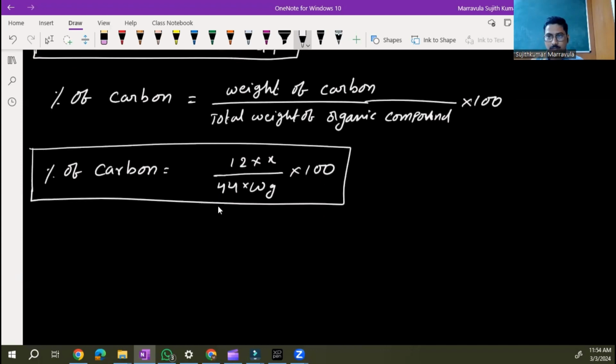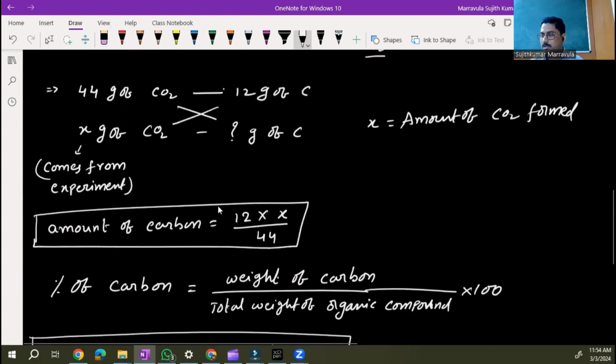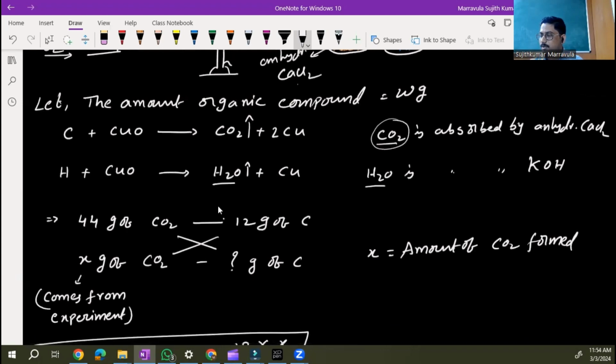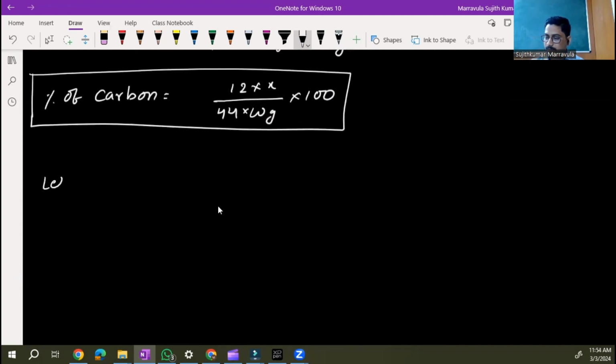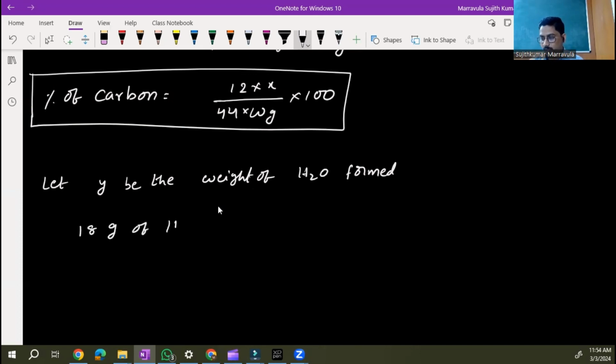So now the estimation of hydrogen content. Same compound only. Here you can see the reaction: hydrogen forms H2O, and H2O can be calculated by the experimentation. Let Y be the weight of water formed. We know that 18 grams of water contains 2 grams of hydrogen.